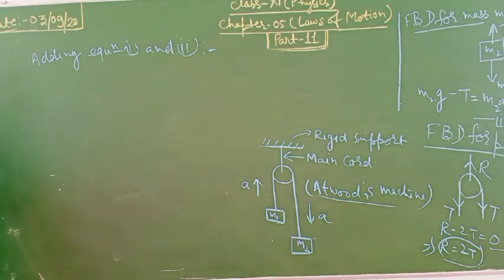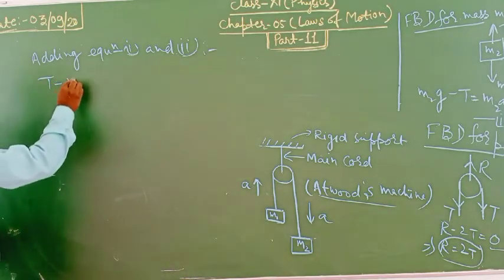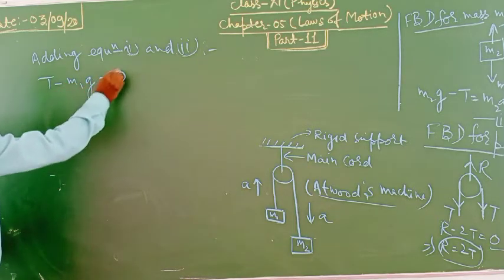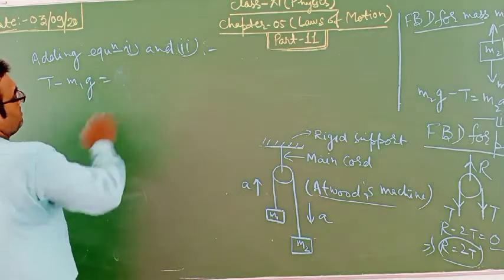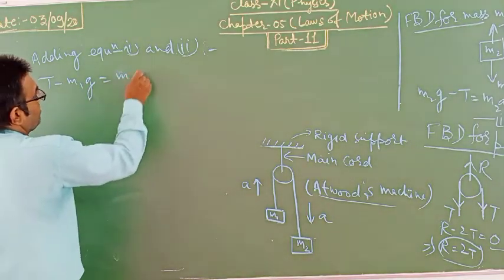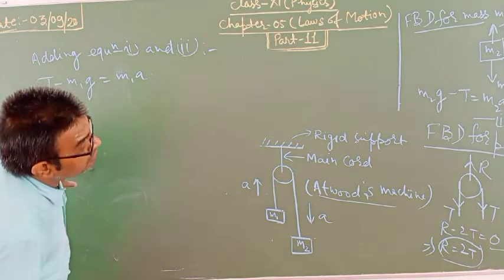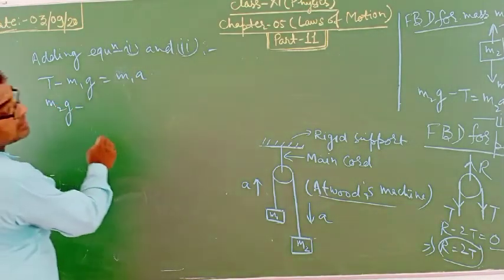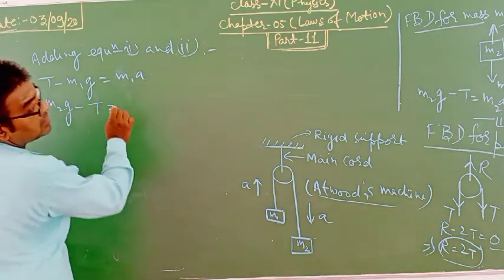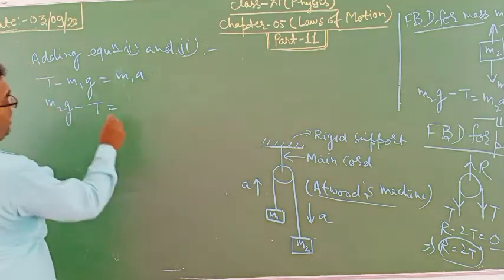T minus M1G is equal to M1A, and M2G minus T is equal to M2A.